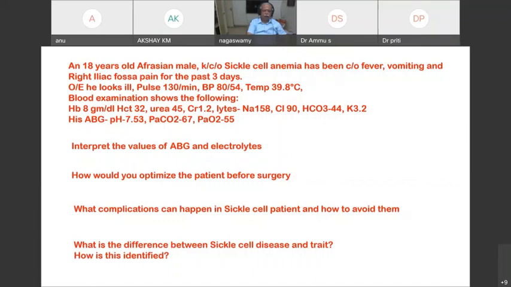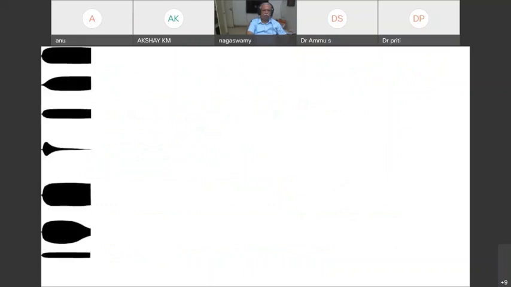Whereas if one parent gives the sickle gene and the other gives a normal gene, it is heterozygous and will only manifest as sickle trait. You have the sickle dex test as well as electrophoresis, with which you can find these out. This is not a common thing which we see, so it may be slightly difficult, but you have to remember all these points for reference.